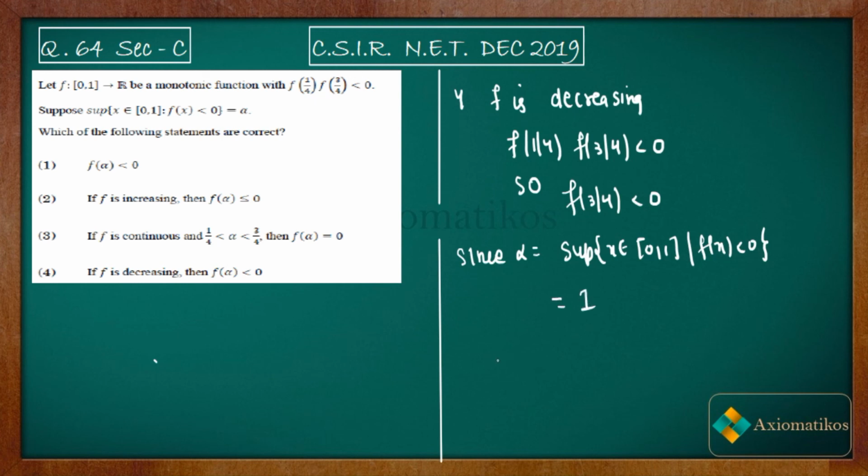Since f of 3 by 4 is less than 0 and f is decreasing, f of alpha should also be less than 0. So option D is correct. So option 3 and option 4 are correct and option 2 and option 1 are incorrect.